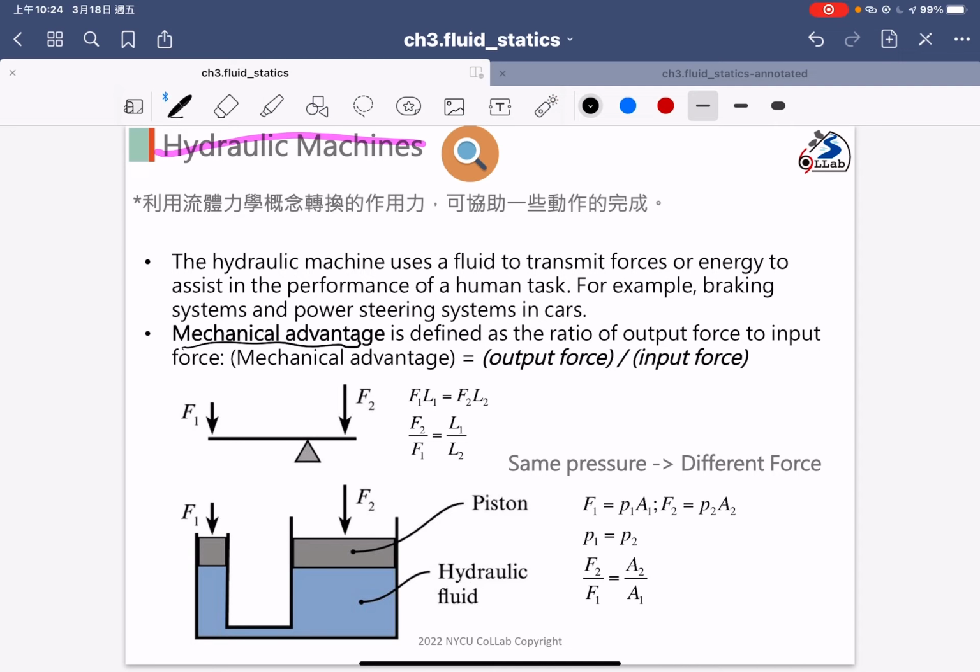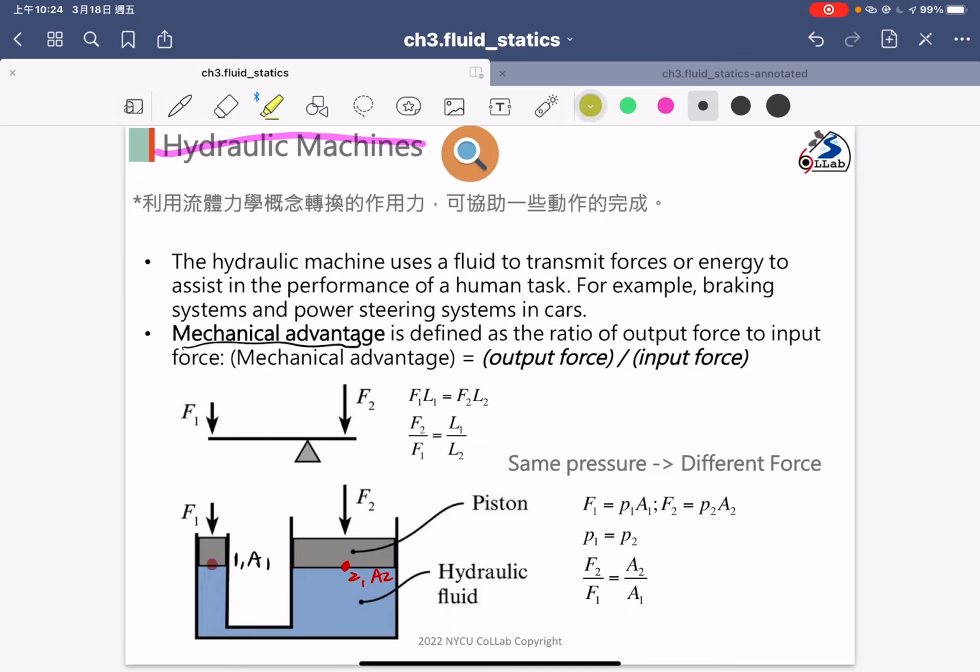If I tell you, the P1 point here, maybe I use the yellow dot, this is point 1, and the area of the closed tube is A1. And we have another point here, we call that point 2, and the area of this tube is A2.